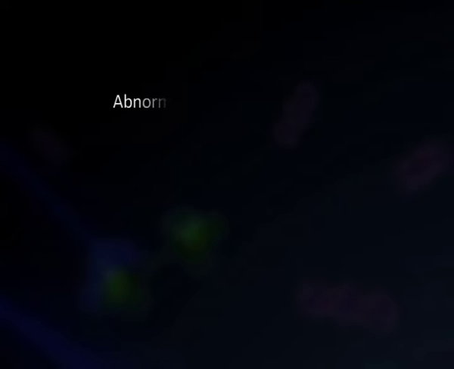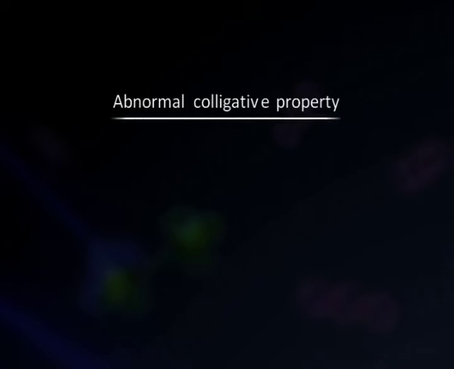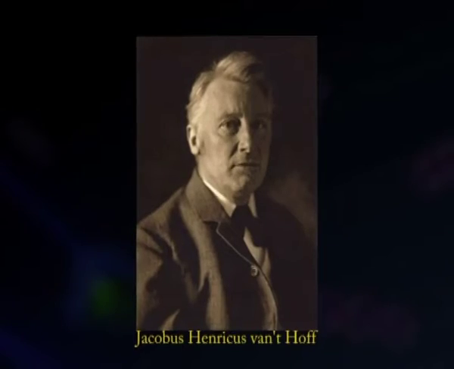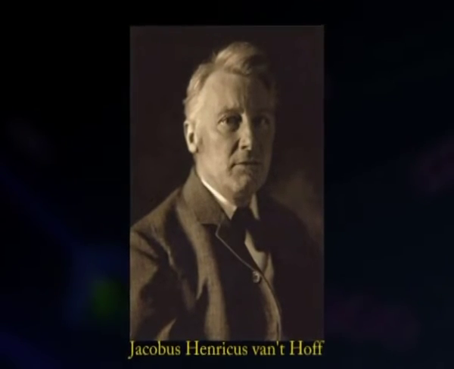Hence, the ratio of abnormal colligative property to normal colligative property may have a value either greater than 1 or less than 1. In 1880, van 't Hoff introduced a factor i, known as van 't Hoff factor, to account for the extent of association and dissociation.